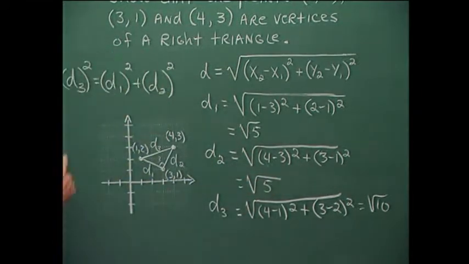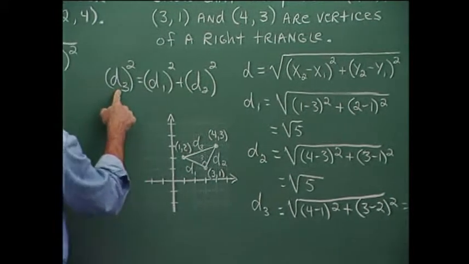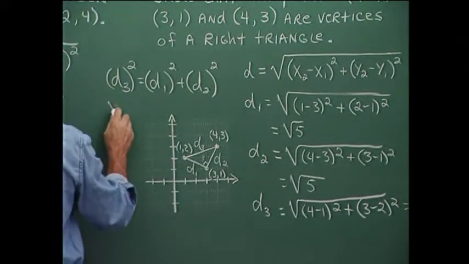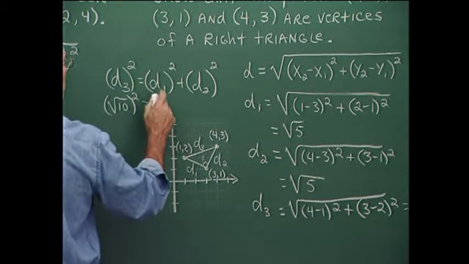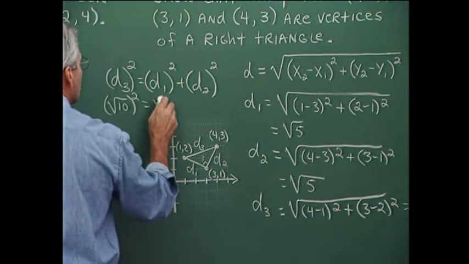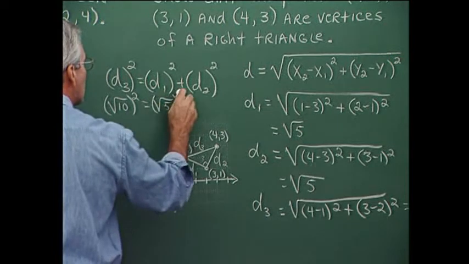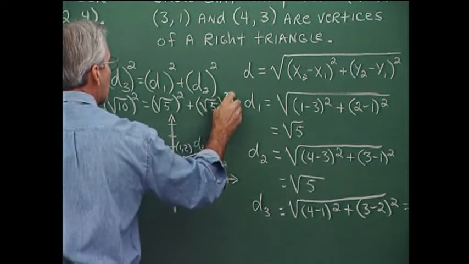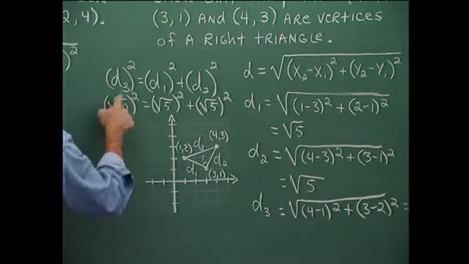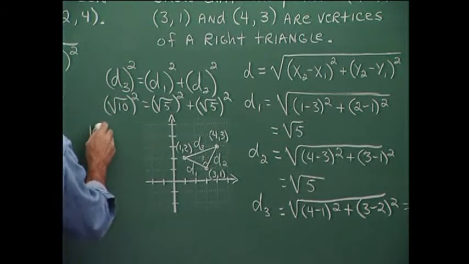In this model, d sub 3 was the square root of 10. It's squared. D sub 1, square root of 5, squared. D sub 2, square root of 5, squared. Squaring a square root gives us the number under the radical.